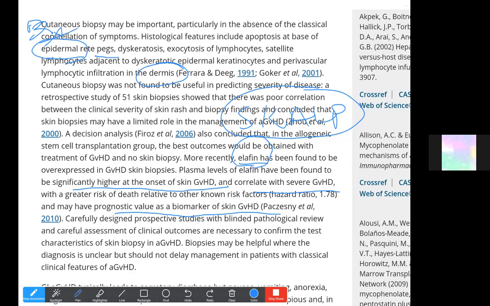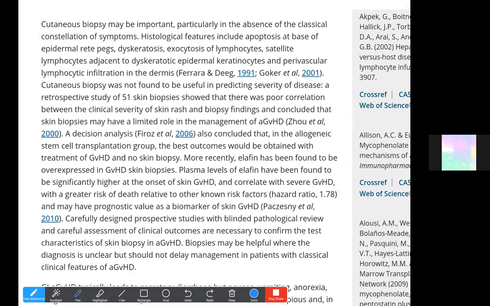For skin, because of its relationship with skin GVHD, since elafin is overexpressed in cases of GVHD of the skin and correlates with the severity of the GVHD, it is also used as a biomarker for skin GVHD in these cases.